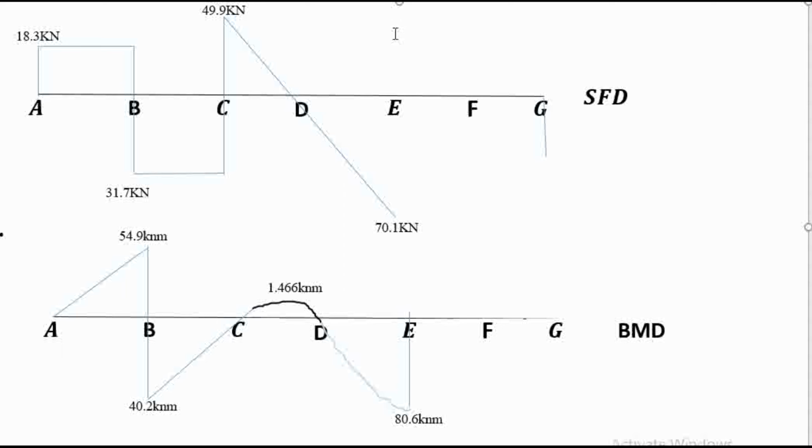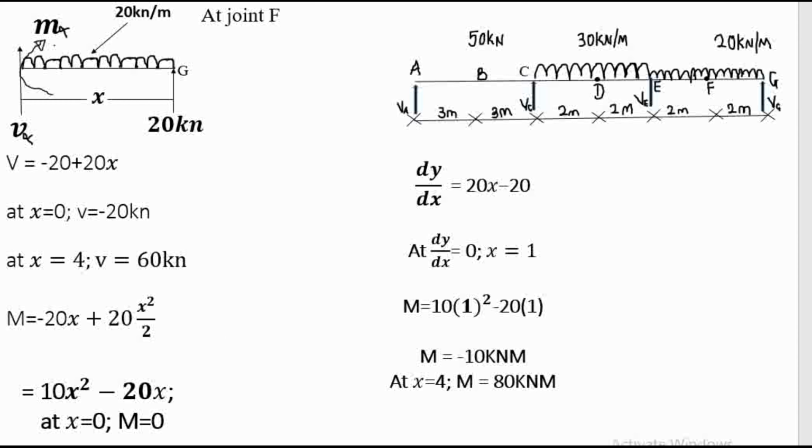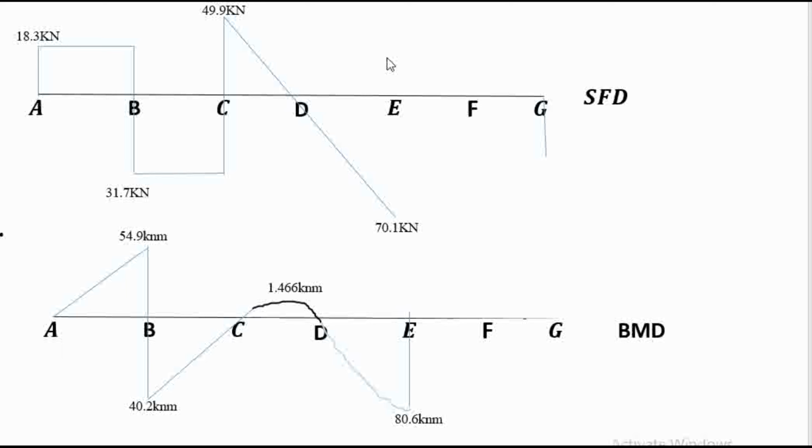Don't forget that the 60 kilonewton that we got from the expression is positive. So our answer will tend towards our positive side. So your 60 point should be above. So it means that at this point we have 60 kilonewton. Here we have minus 20. Let's label that. With this, we are done with the shear force diagram.